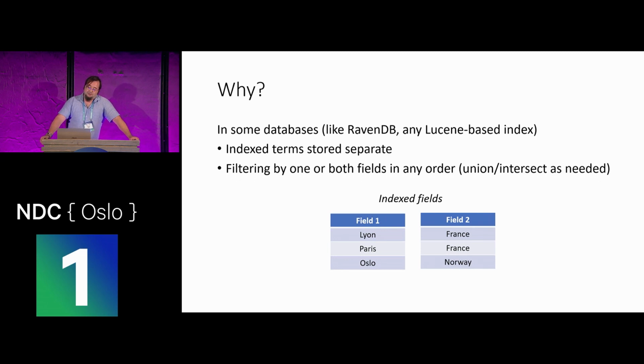There is another type of index that stores the fields separately. For example, in a Lucene-based query, if you make an index on those two fields, it won't matter whether you query one or the other or both, because it just fetches the first, then the second, then whatever fields, and intersects them or does any needed set-based operations on them.